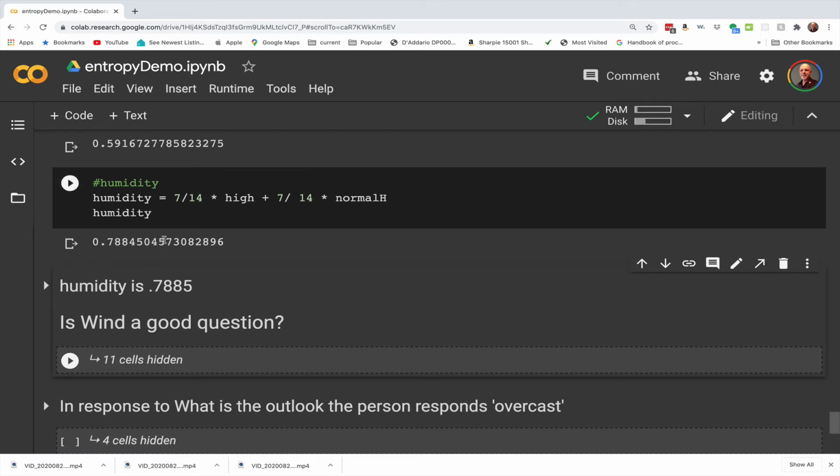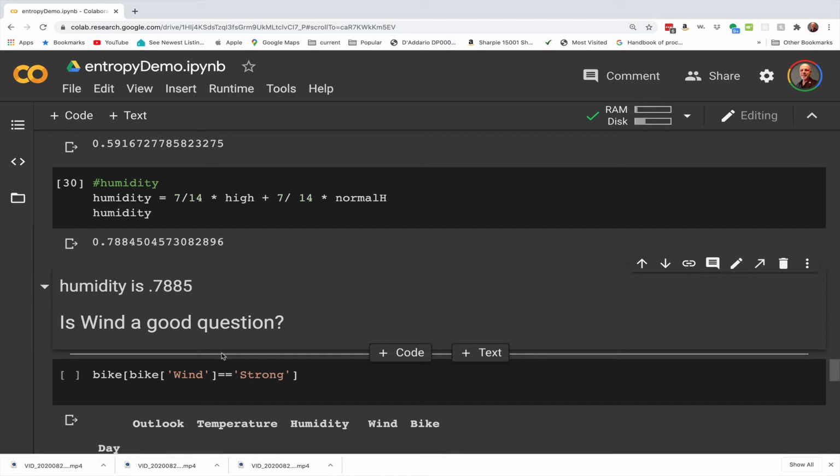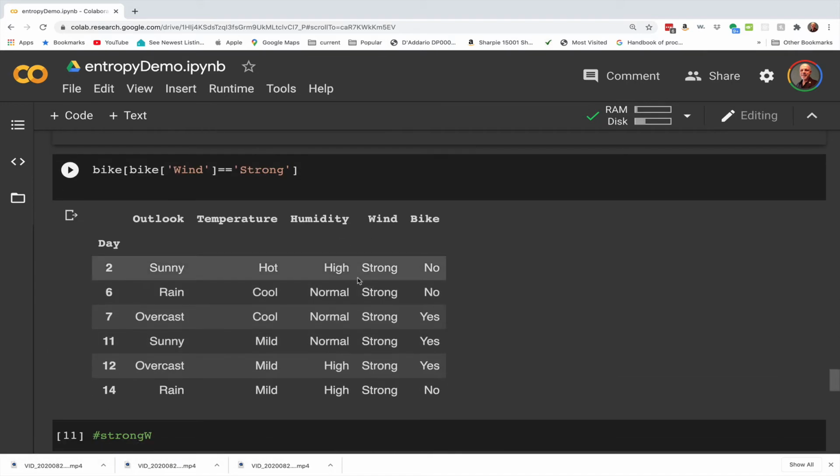So far still the outlook's the best question to ask since it was 0.69, but humidity is better than temperature. So now the final one is, what about wind? Maybe wind would be good. So here's the cases where wind is strong. 1, 2, 3 occurrences of no, and 3 occurrences of yes.